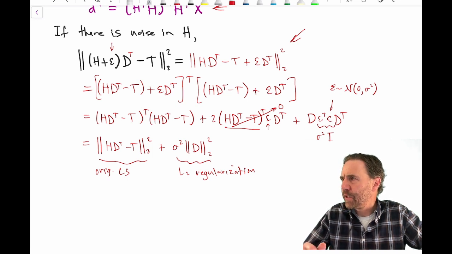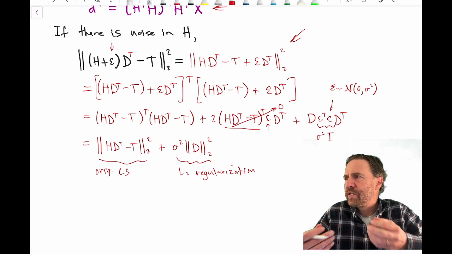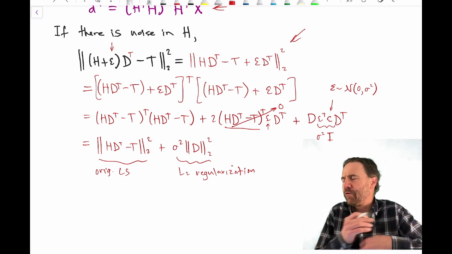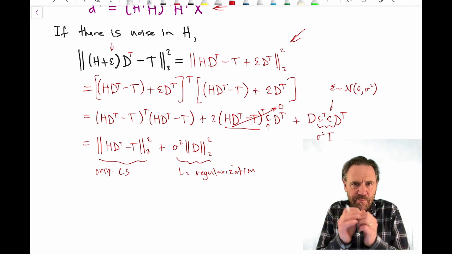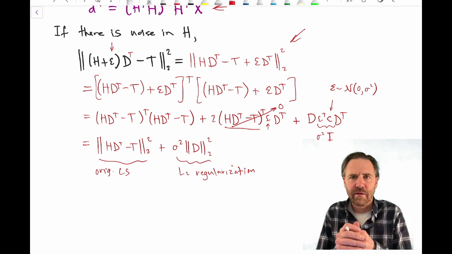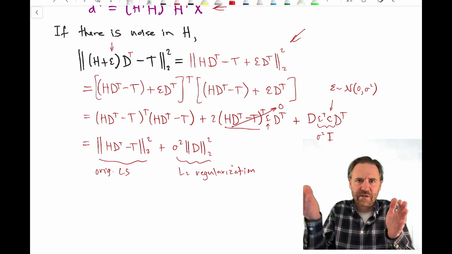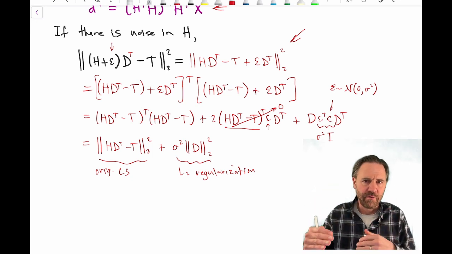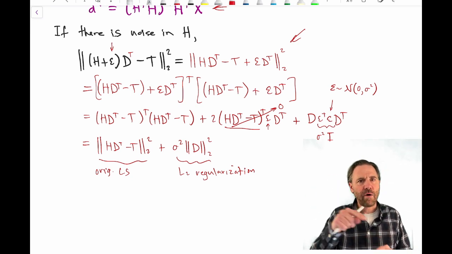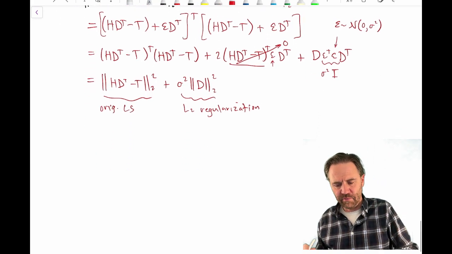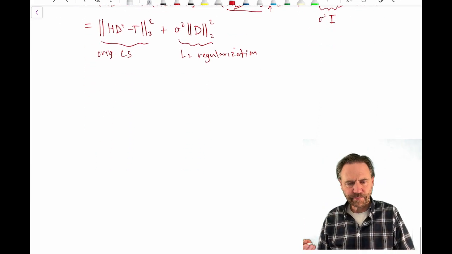Adding noise regularizes it because it removes the ability for the least squares problem to match the minutia in your data set. Since there's more noise, it's just going to have to go through the middle of your point cloud instead of being able to wobble up and down and fit all the weirdness in your data set.